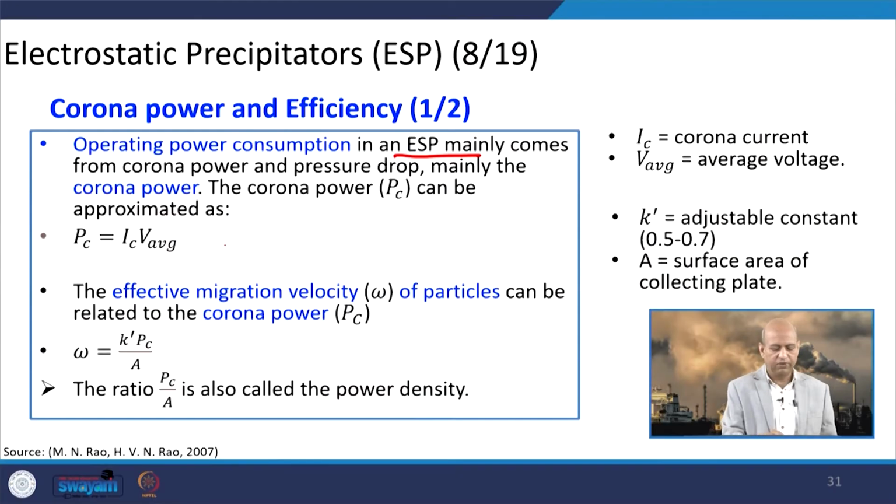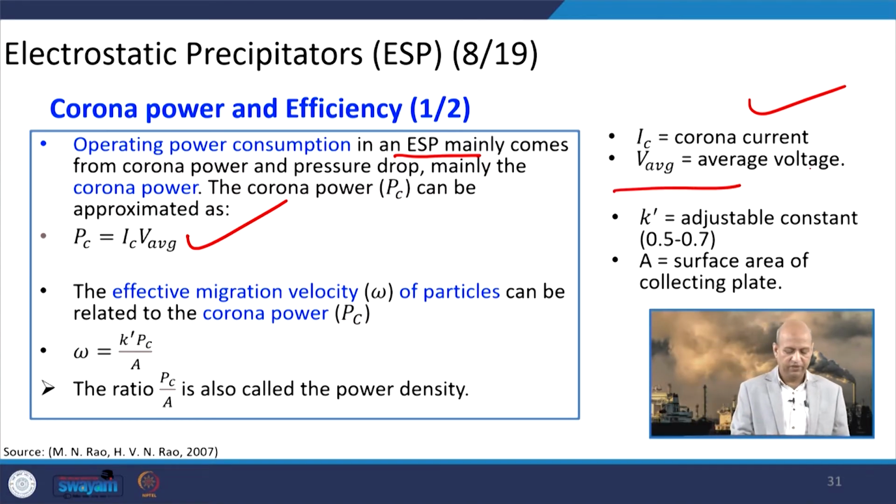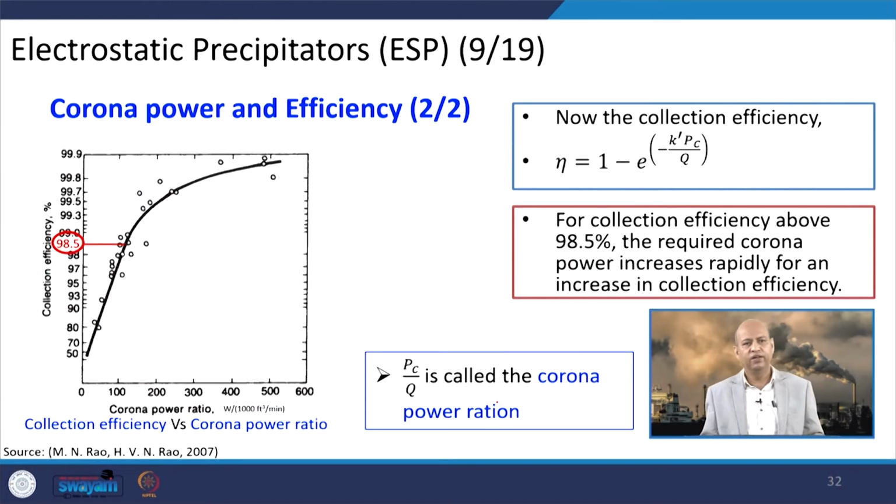This corona power can be calculated by a particular relationship, where Ic is the corona current and Va is the average voltage. There is an adjustable constant, and the surface area of the collecting plate. You can calculate Pc divided by A, and this ratio is called the power density in this relationship.